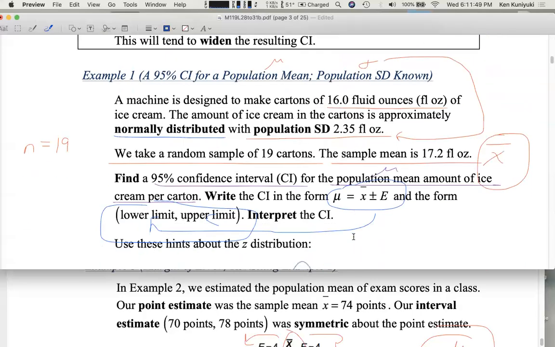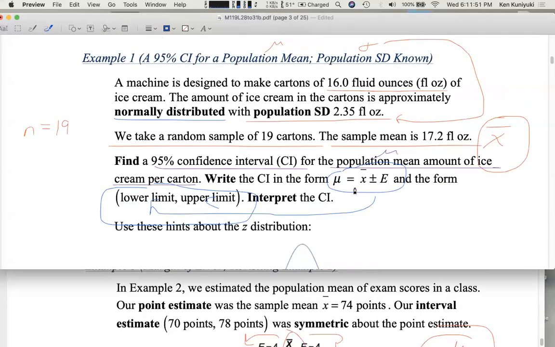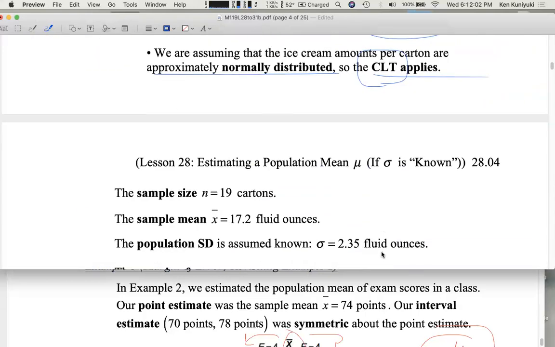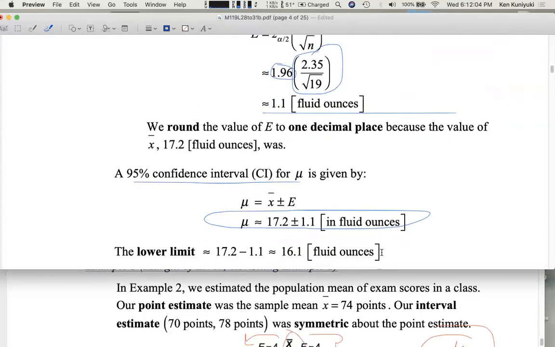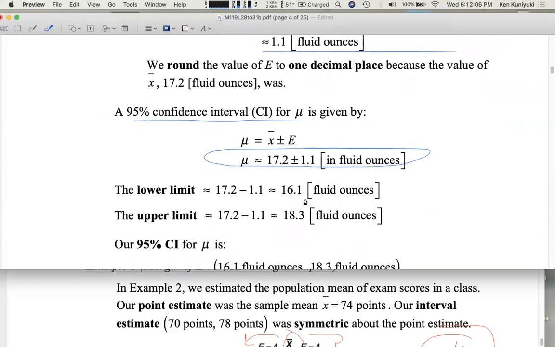We have found our 95% confidence interval in this form here. Mu equals x bar plus or minus e. We found the form and we found the appropriate values for x bar and e. And then, just by taking the 2 cases and separating them, you can find the lower limit and the upper limit. Remember, the lower limit corresponds to the minus case.